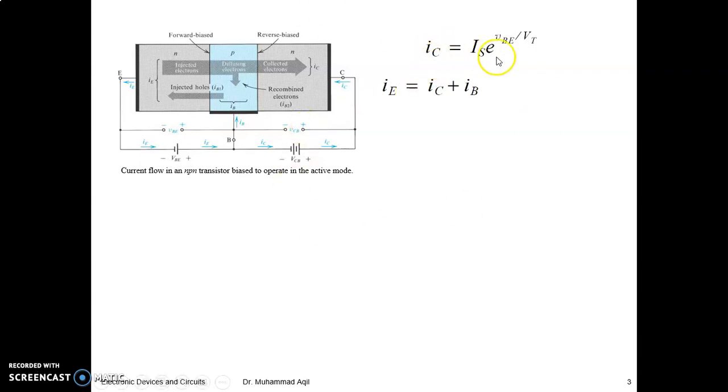Collector current is equal to the scale current, a constant for a transistor that is temperature dependent, times the exponential of VBE. So it means we have the collector behaving as a current source controlled by the voltage VBE, and a part of VCE, right? The dependence of IC on VCE is called the early effect, right? So it means this formula is without the early effect.